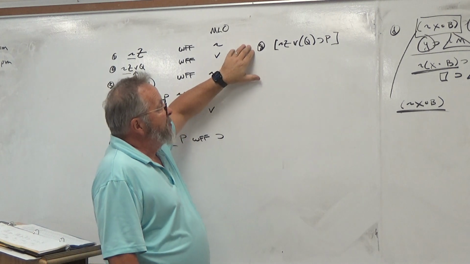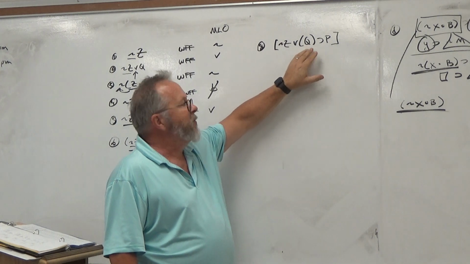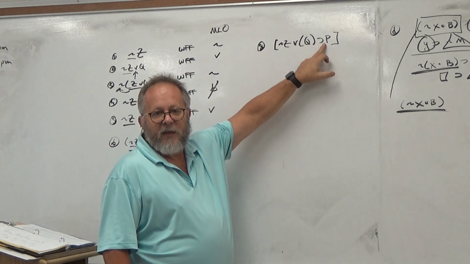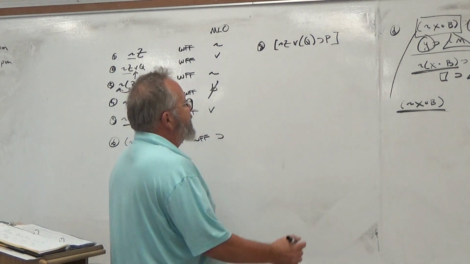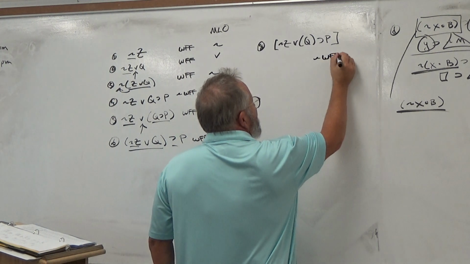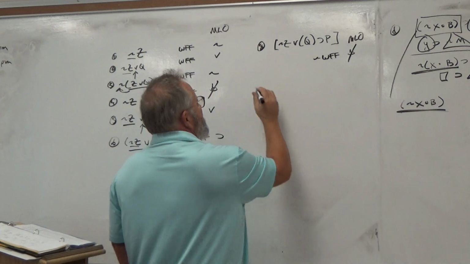Do we know the order of operations? Well, there are some brackets around this Q, but it's just around the Q. It doesn't tell us whether the Q belongs to the not Z or the P. Does everybody understand that? So this one is ambiguous, so it is not a well-formed formula, and therefore the main logical operator, there is none.